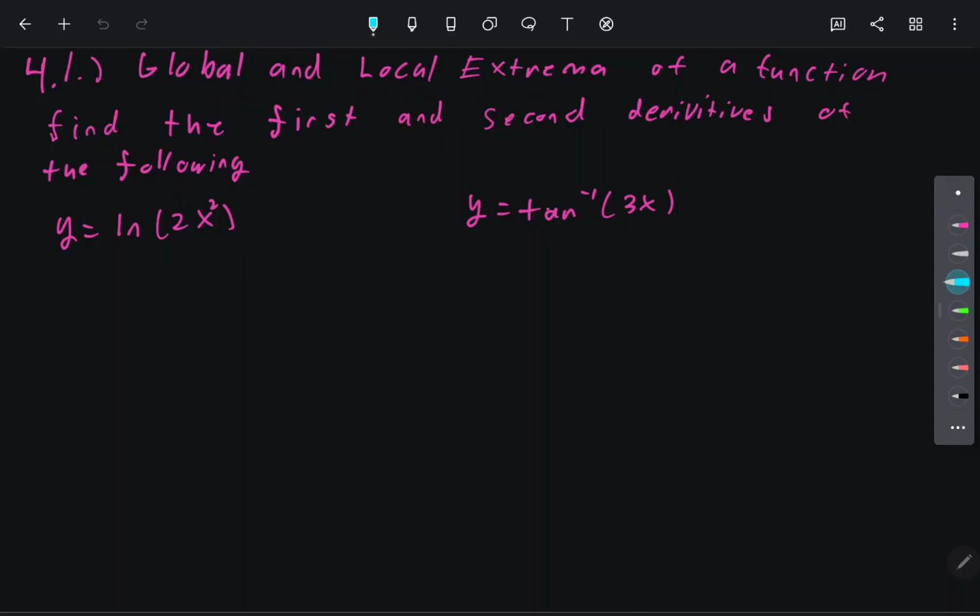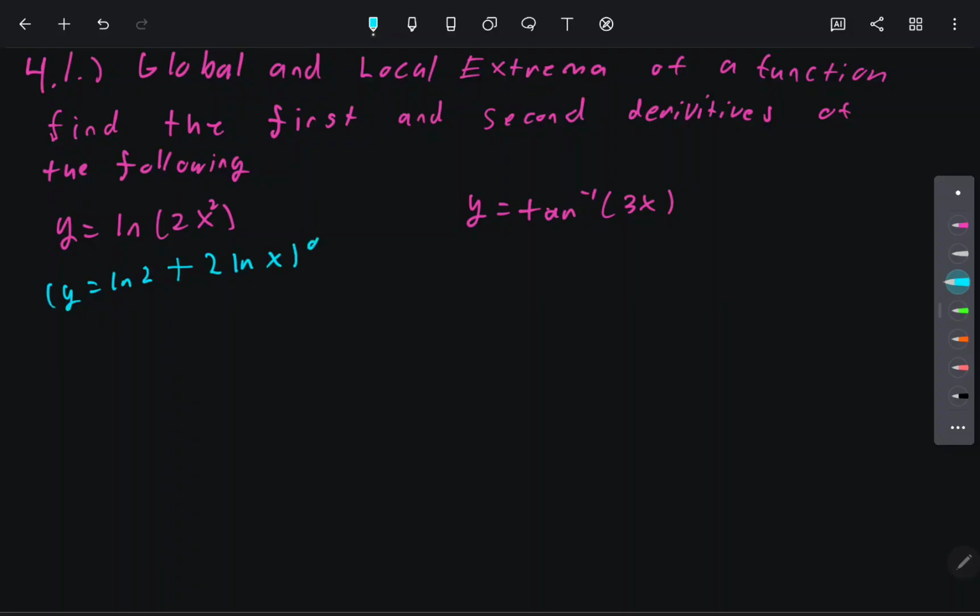For this first function, we need to take the derivative with respect to x. We get the derivative of y with respect to x is equal to... well, actually, before I do that, I want to use some exponent or logarithm properties here. So I get y is equal to the natural log of 2 plus 2 times the natural log of x.